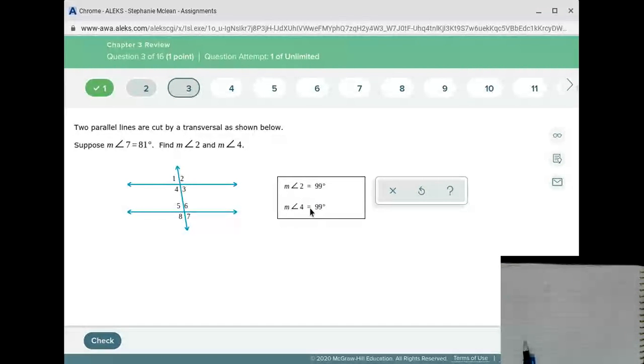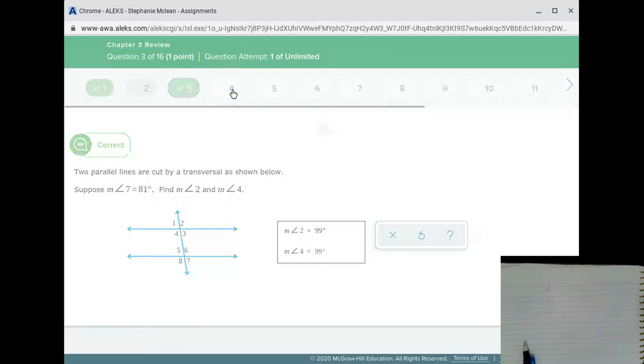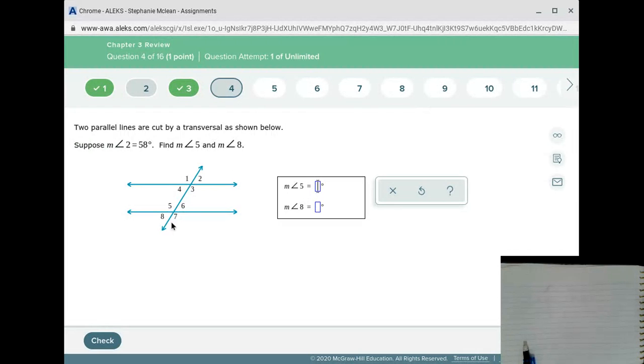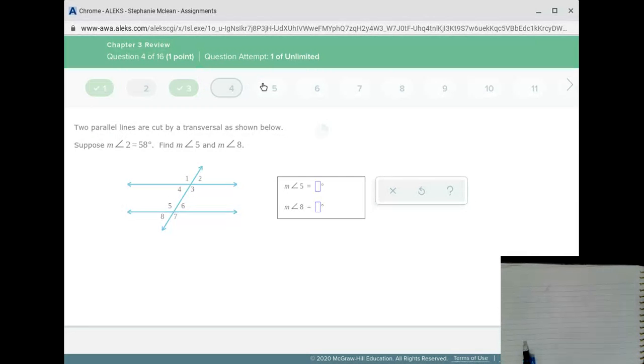Therefore I know that the measure of angle 4 is 99, which is what we got for the measure of angle 2. Now problem 4 is exactly the same type of problem, so I'm not going to go through that one.